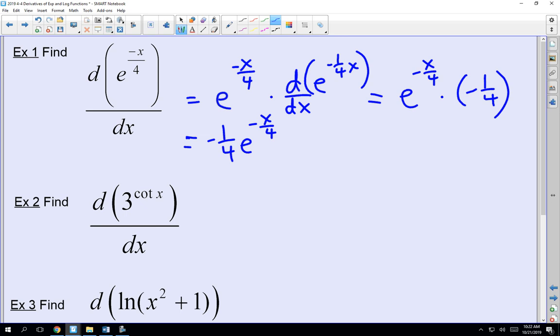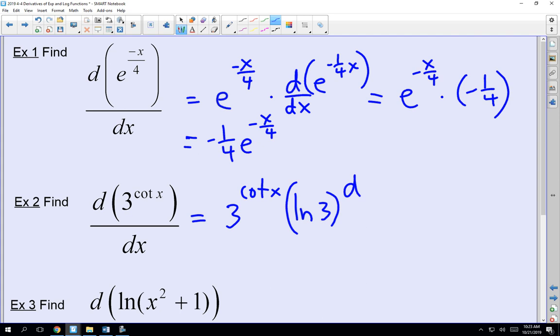The next one, we've got some other base besides e. Thinking about similarities here from our e to the x derivative, we copy down the exponential expression just as you see it. So we've got 3 to the cotangent x, and then we've got to attach, sorry, this is one of the differences between e to a power and some other base to a power, attach ln of the base to it, so multiply by ln of 3.